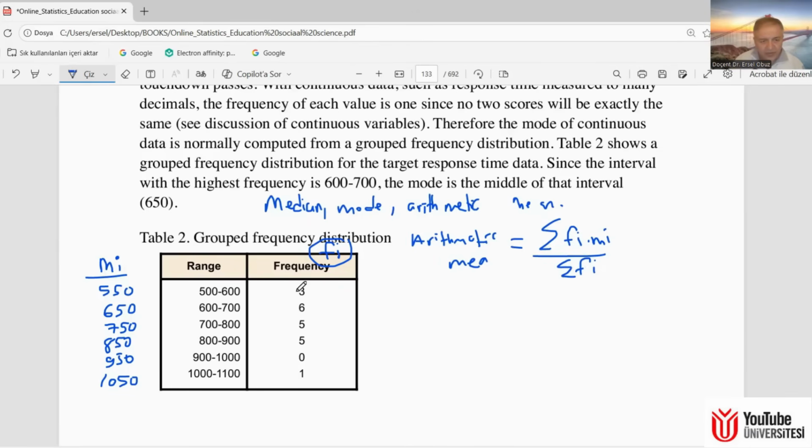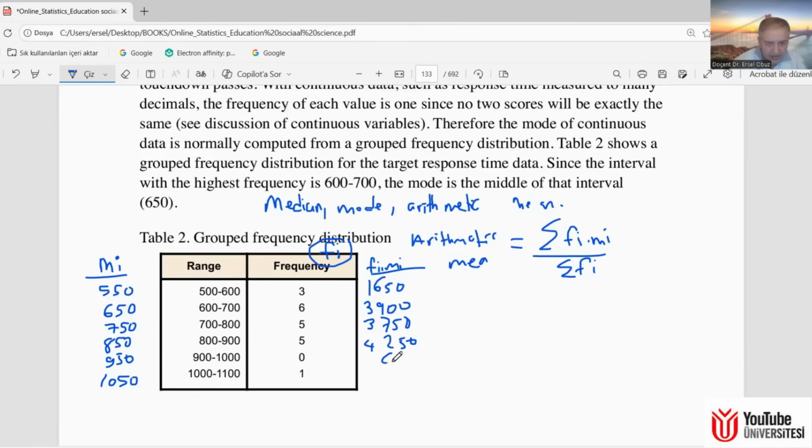So let's do it. 550 by 3 will give you 1650. 650 by 6 will give you 3900. 750 times 5 will give you 3750. 5 times 850 will give you 4250.